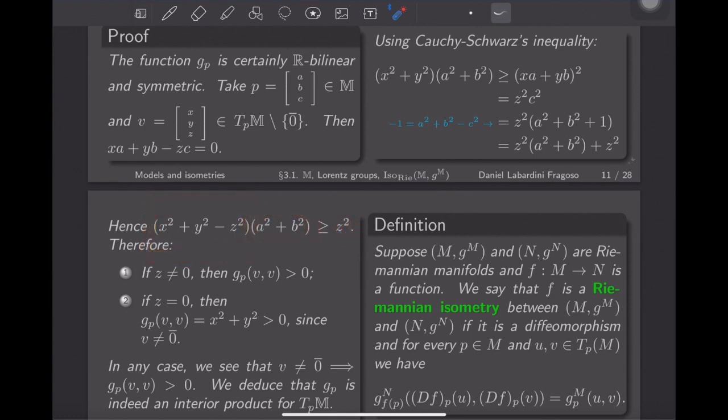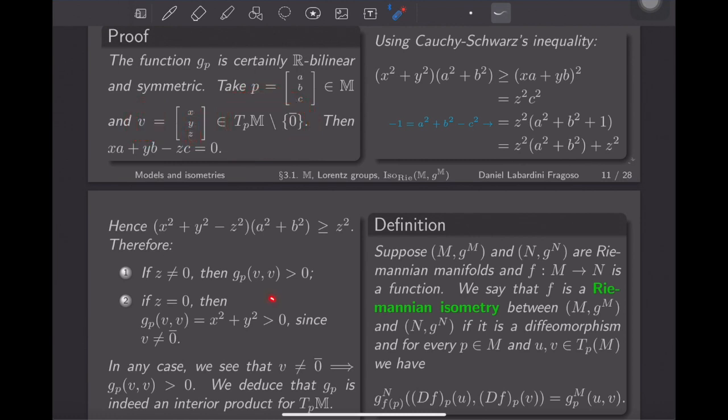Now, what happens if z is actually 0? Well, if z is 0, V paired with itself is x squared plus y squared minus 0. But x squared plus y squared has to be positive because V was not 0, so either x or y is non-zero.